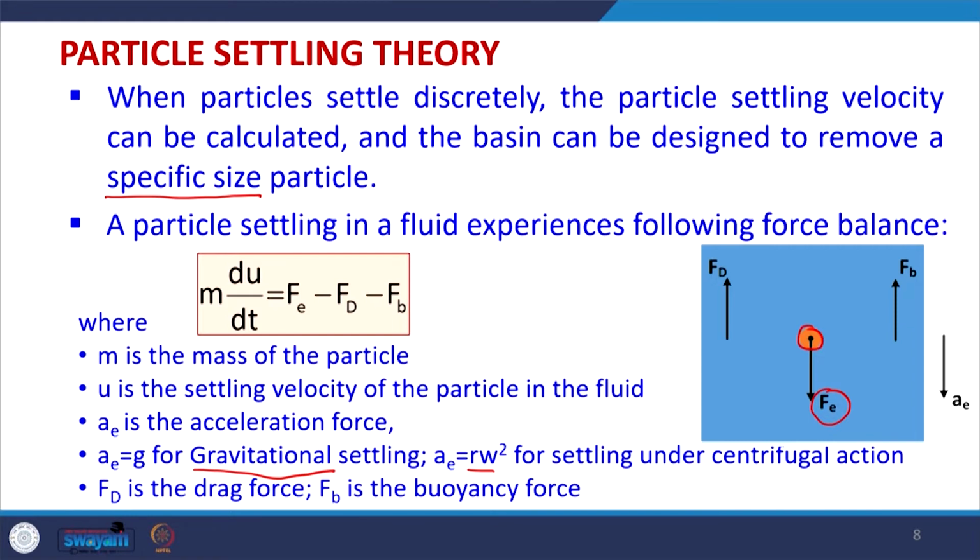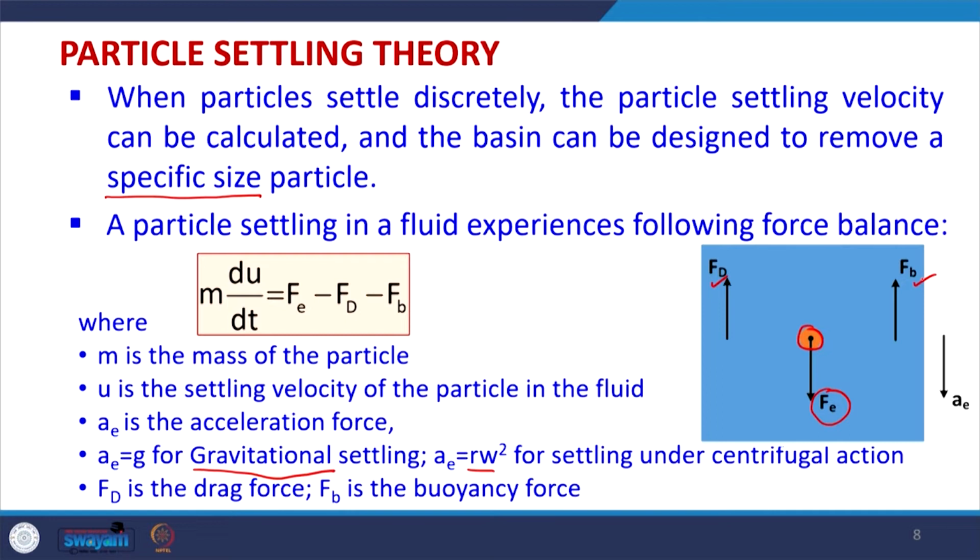So, the net acceleration in the downward direction will depend upon the net force by which it is moving downwards, and when the particle is moving downwards, it will be hindered by 2 forces acting in the opposite direction: one will be the drag force and another will be the buoyancy force.